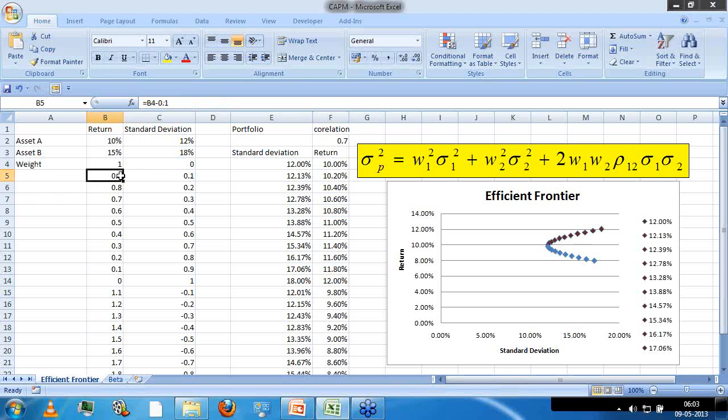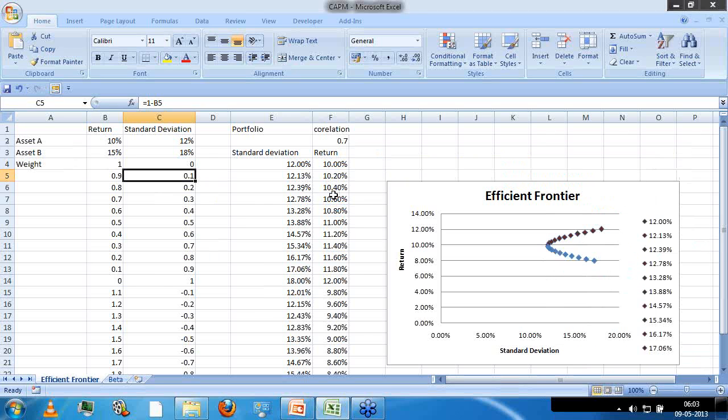It's 90% for asset A and 10% for asset B. So return you can calculate simply by taking a weighted average of the returns of asset A and asset B. So in this case, that would be 0.9 into return of asset A, that is 10%, plus 0.1 into return of asset B, that is 15%.